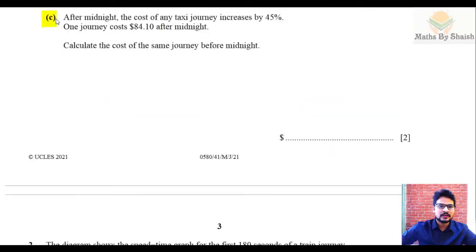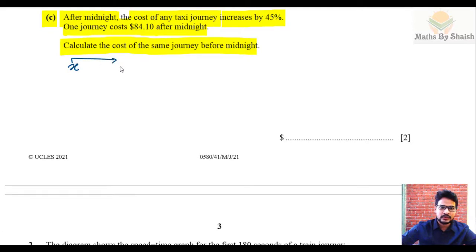Here's the C part. After midnight the cost of any taxi journey increases by 45%. One journey has cost $84.10 after midnight. Calculate the cost of the same journey before midnight. So first of all, suppose the same journey before midnight cost x dollars, not rupees, x dollars, and if it is increased by 45%, it is going to be 100 plus 45, that is 1.45 times x.